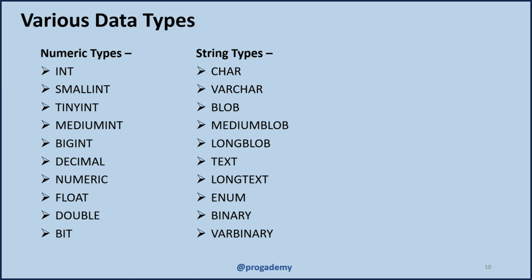It can be a blob, it can be text, a long text. It can be a binary value. The values may vary from 1 to a bigger number of characters or strings. So these types of values are stored in string types.